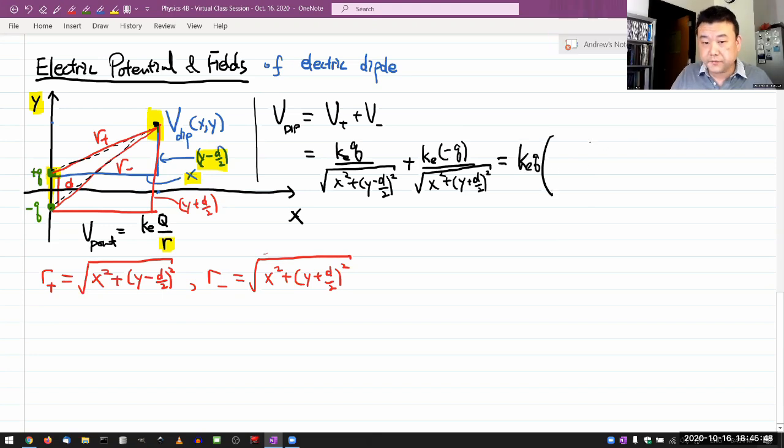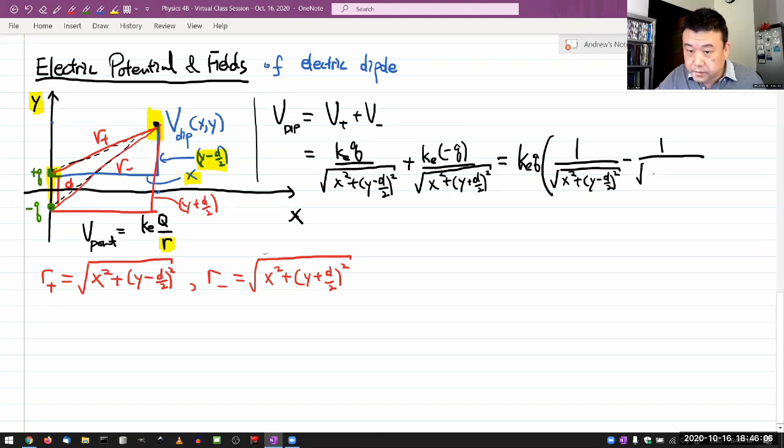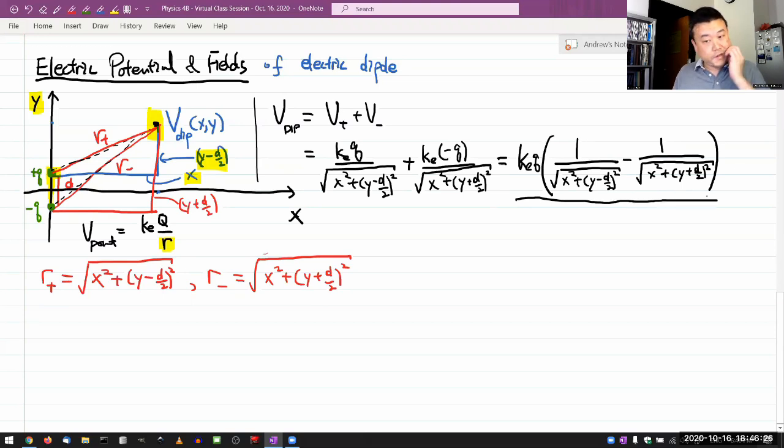And then what you have in here is 1 over this quantity minus 1 over this quantity, the square root of x squared plus y plus d over 2 squared. And as long as you're dealing with a finite d, as in finite charge separation, there isn't much more you can do.